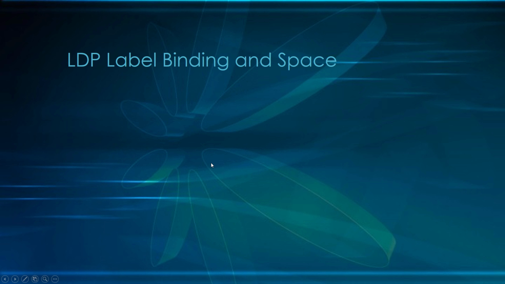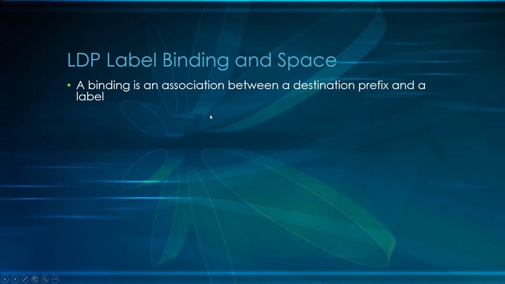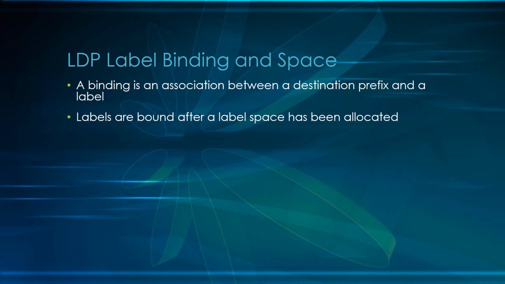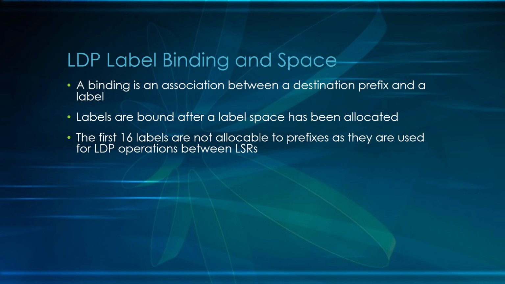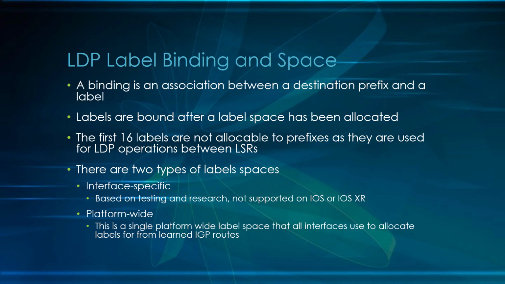Now there is a label binding and a label space. A binding is an association between a destination prefix and a label. Labels are bound after a label space has been allocated, and the first 16 labels are not allocated to prefixes, as they are used for LDP operations between label switch routers. There are two different label spaces.